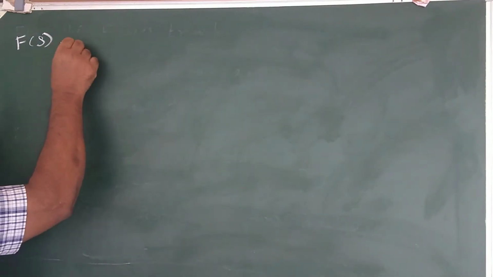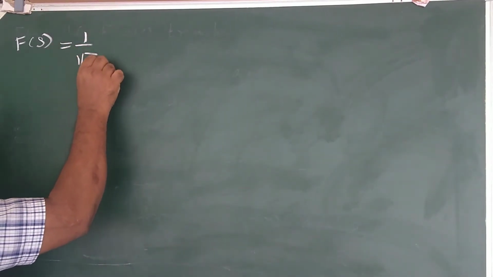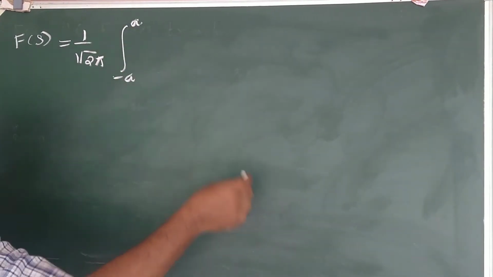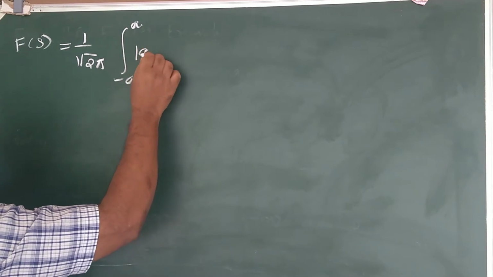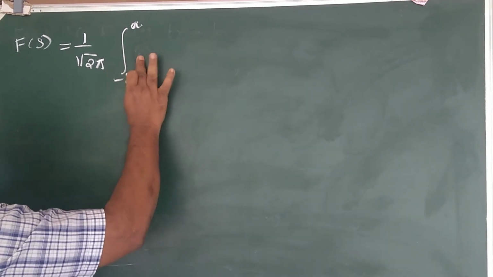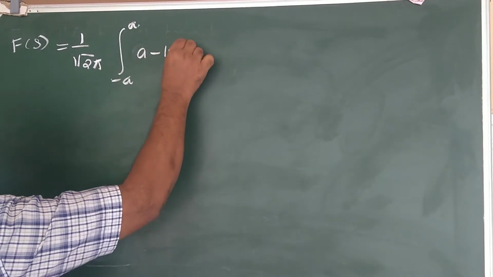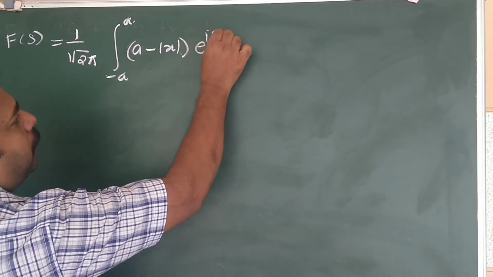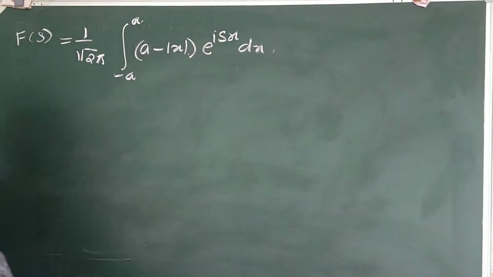That is 1 by root 2 pi integral from minus a to a, the function a minus mod x, e raised to i s x dx.